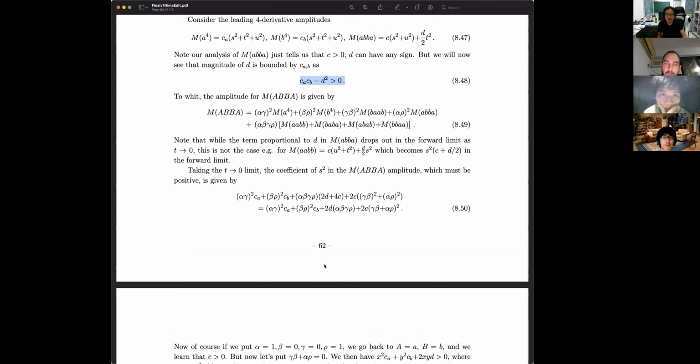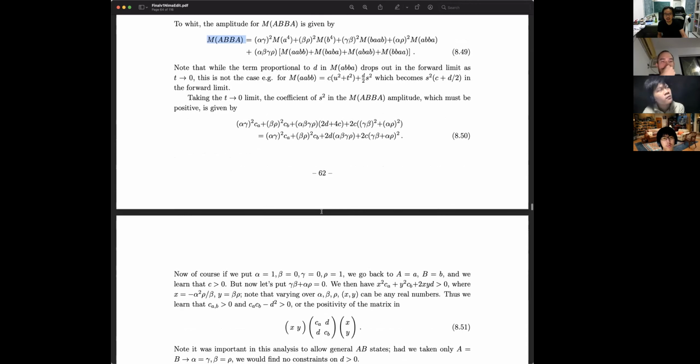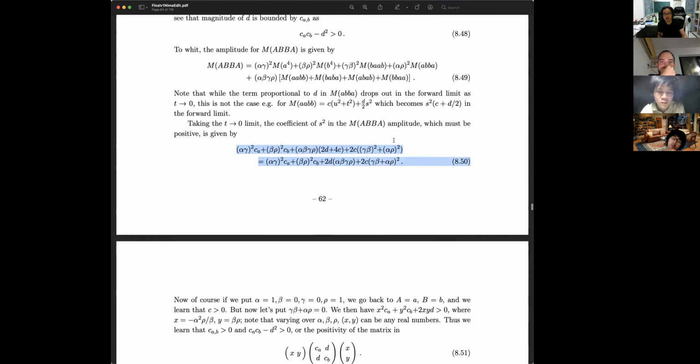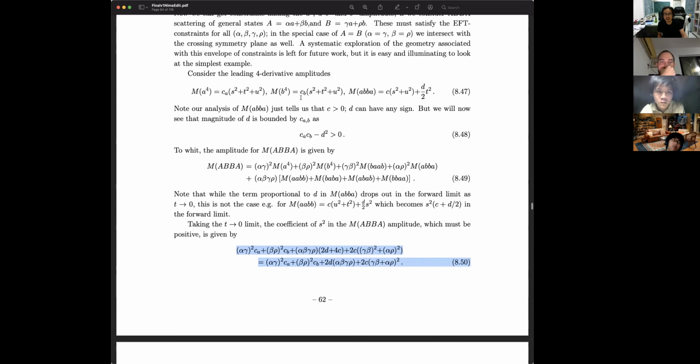In a sense, we're assuming the dispersion relation because we're assuming that M of A B B A in the forward limit is positive. That is the dispersion relation, right? But the statement is that M is organized in this way, and of course, we're just looking at the S squared part. So this condition is just g20 is positive. Oh, okay.